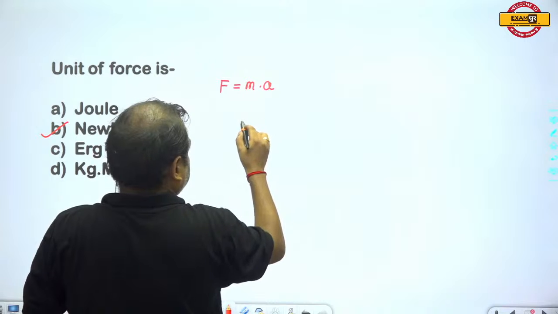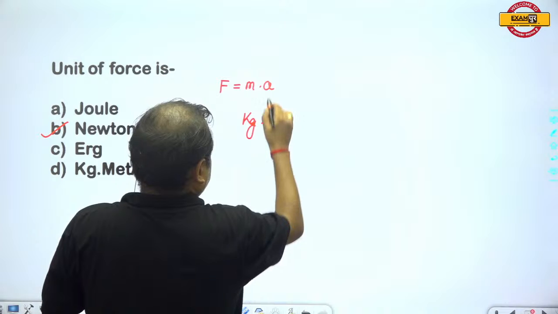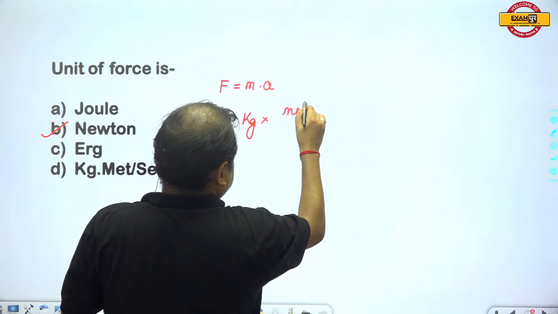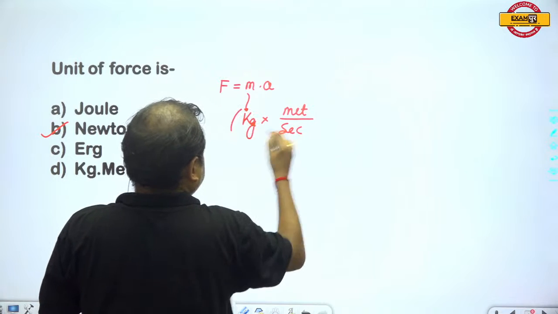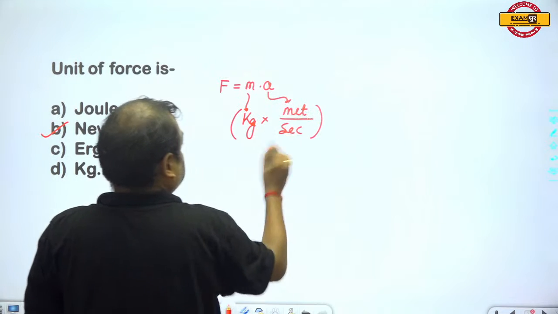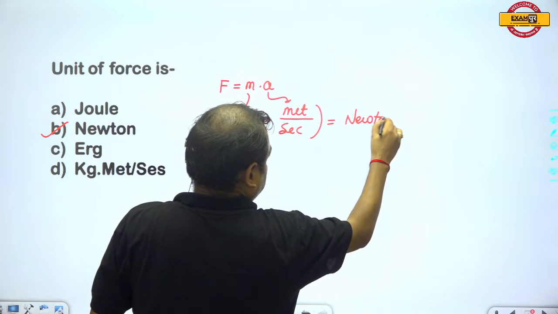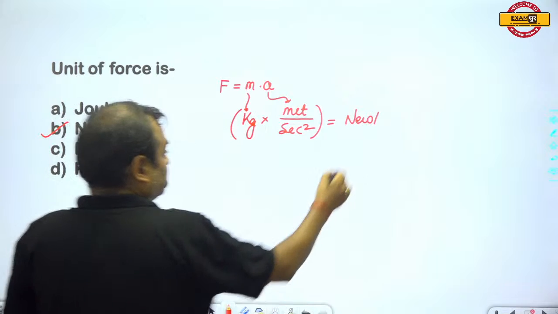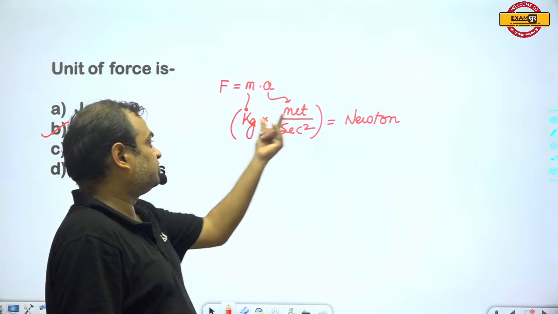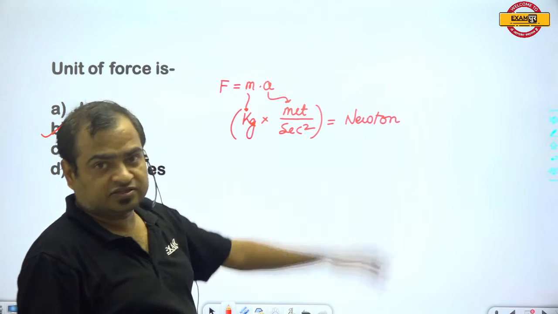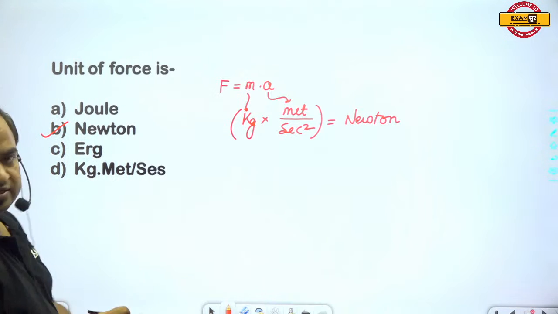The mass is in kilogram, and the acceleration is in meters per second square, and this is known as Newton. So we can write it as kilogram into meter per second square. This is Newton. So option B is the correct answer.